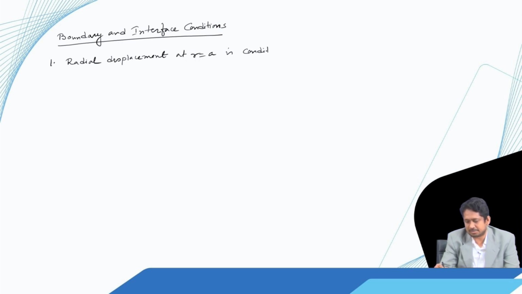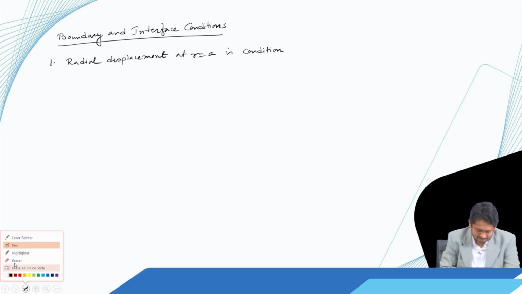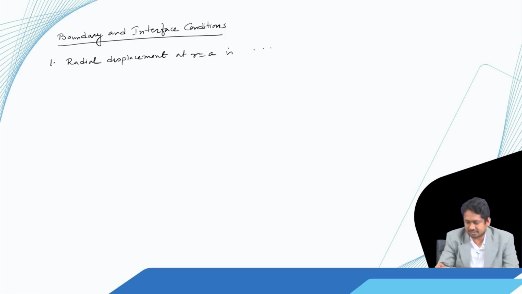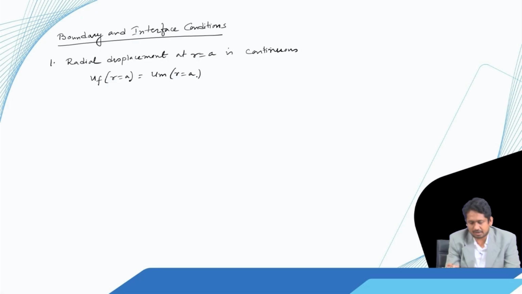That means, radial displacement u corresponding to the matrix and corresponding to the fiber are the same at the junction. So, this mathematically says that u_f at r equal to a is equal to u_m at r equal to a.